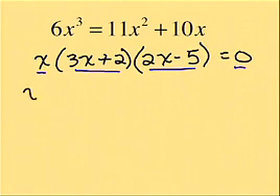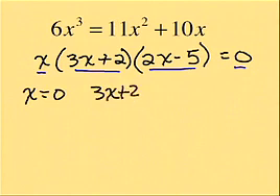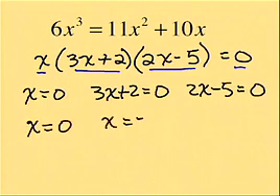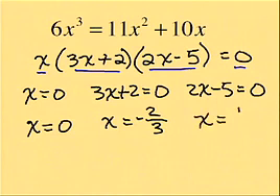In other words, x equals 0, or 3x plus 2 equals 0, or 2x minus 5 equals 0. Well, I'll repeat this answer, x equals 0. This answer gives us x equals negative 2/3, and this one gives us x equals positive 5/2.